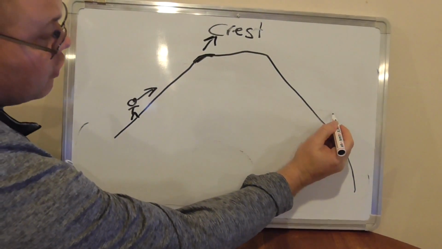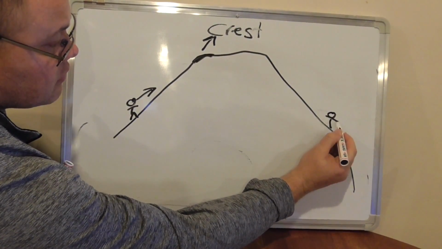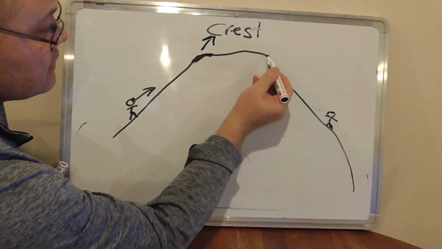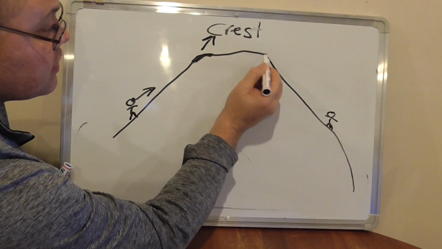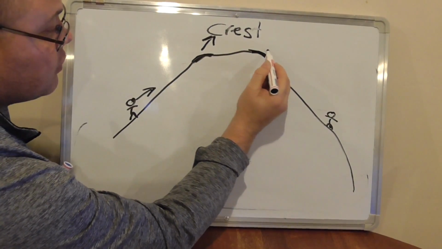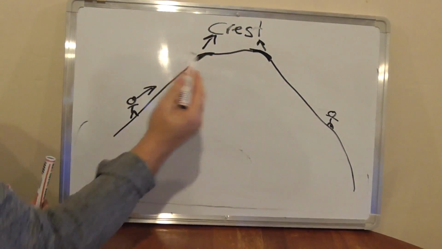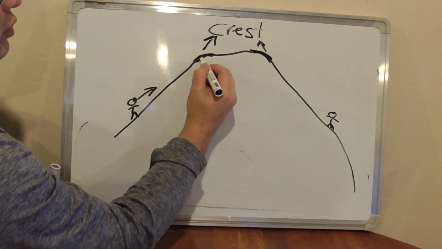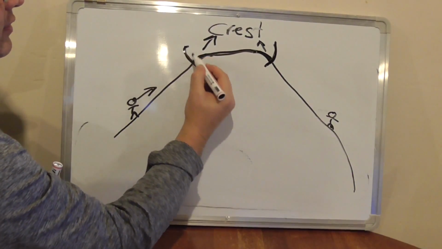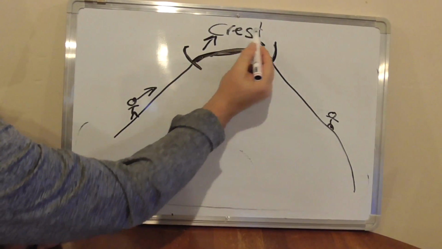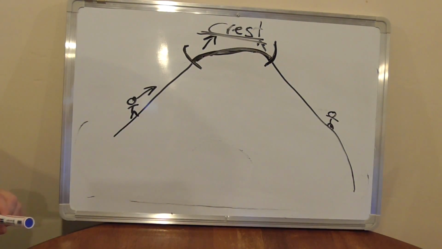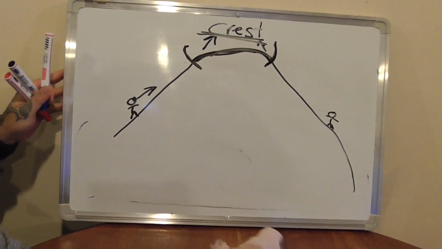If I was on this side of the mountain, and I was looking up here, the top is pretty much about here. That would be the crest. So the crest of the mountain runs all the way along here, between there and there, in this area. The top of the mountain or the top of the hill.